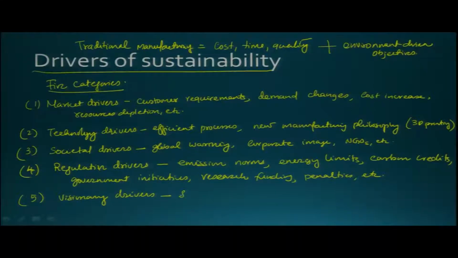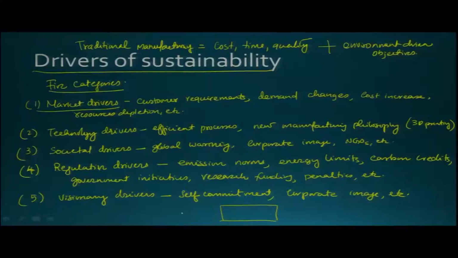This is like self-commitment, then we also have something called corporate image, etc. So if you look into this scenario, the 5 categories, the market drivers, as said earlier, any manufacturing firm, the aim is that you have raw materials coming from one side and a transformation process, and then you get the products outside.